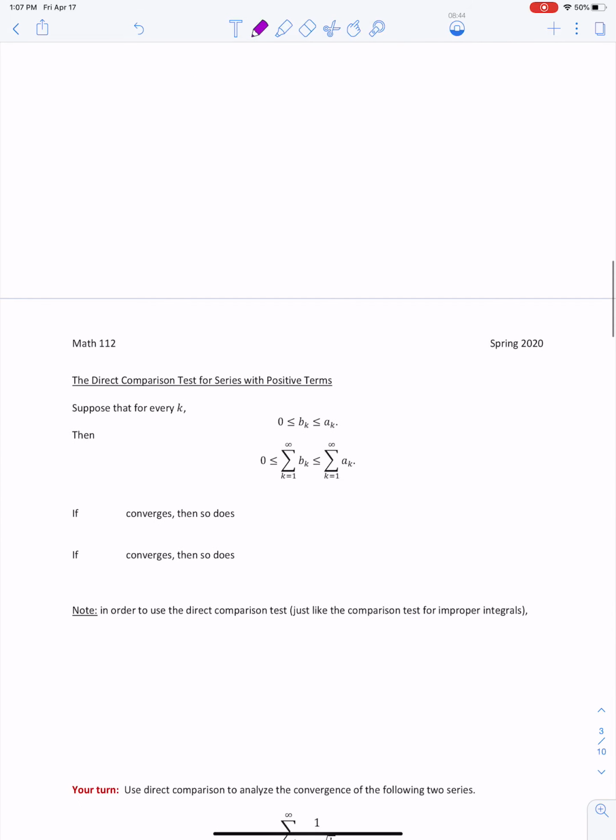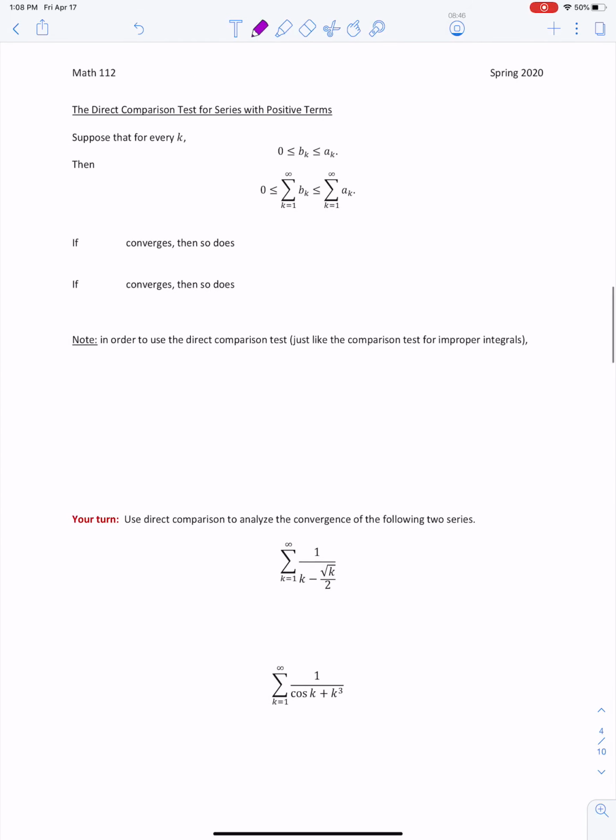So let me go ahead and give you the formal definition here. We need to suppose that for every k, and what I've done here is write this compactly the way your book has it, we have one series bk that's always less than the series a. So each term bk is less than ak, and we always have positive terms for both series.